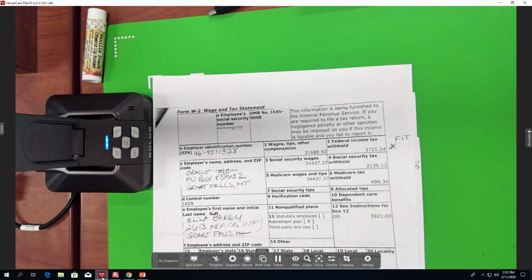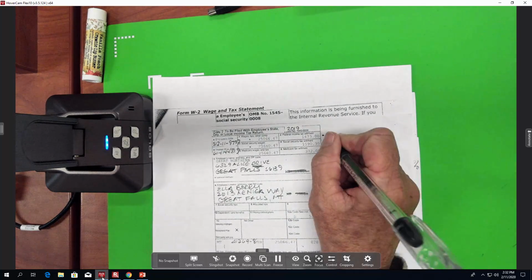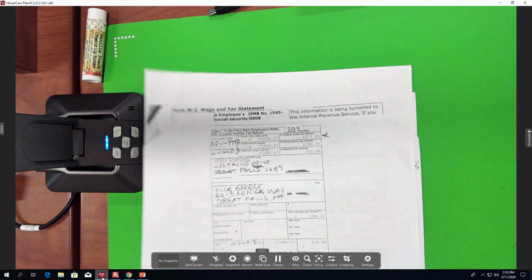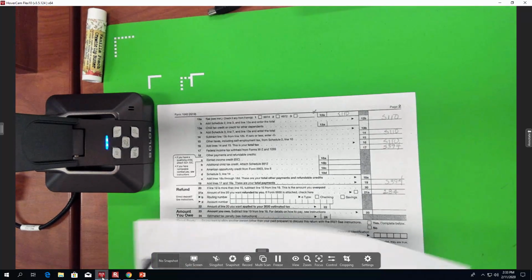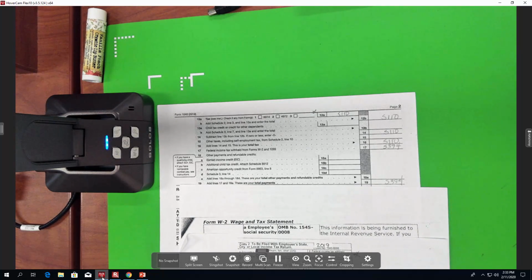She paid in $3,721 with this paycheck, or with this employer. And she paid in another $1,673 with these guys, right? So in total, she paid in $5,394. Did she overpay or underpay? Overpaid.